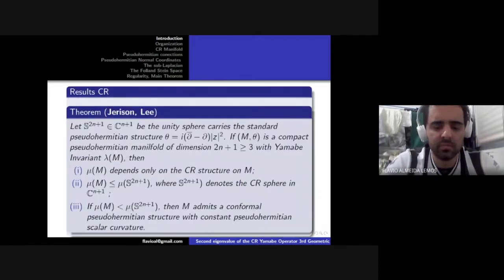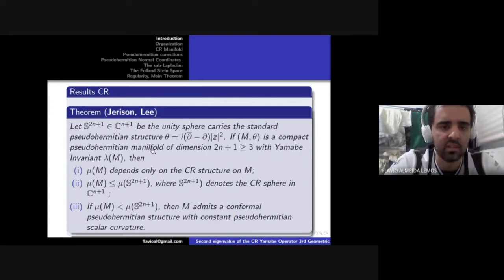To solve the problem, we prove this theorem. Let the sphere in complex space be the unit sphere with the standard pseudo-Hermitian structure.